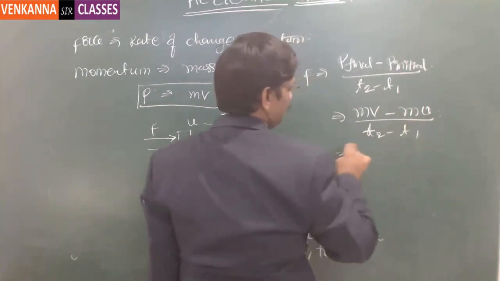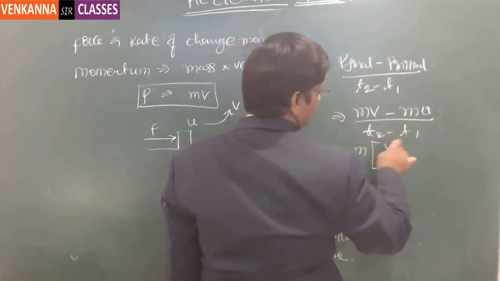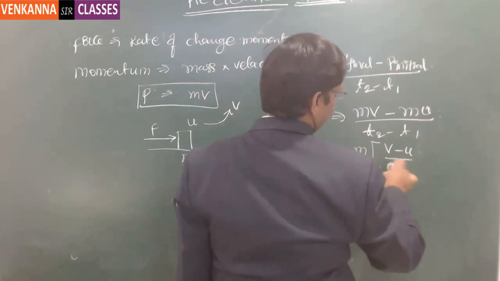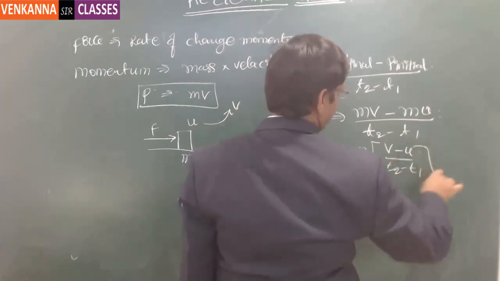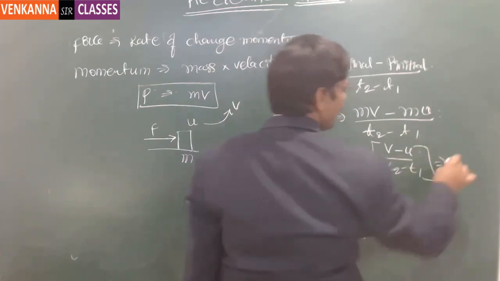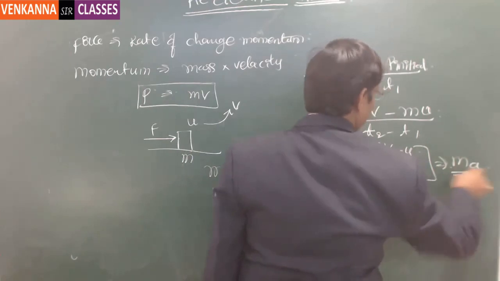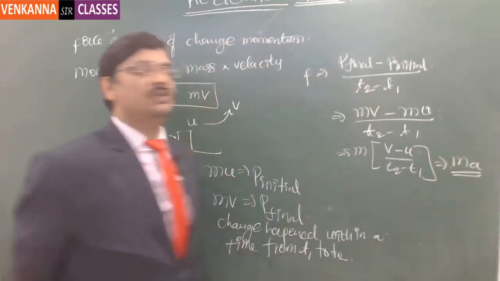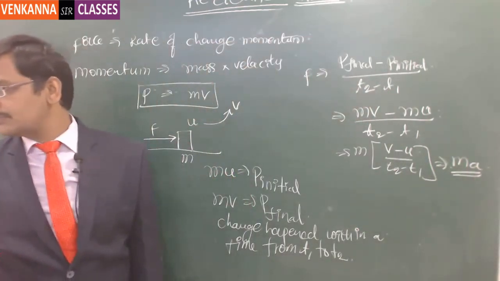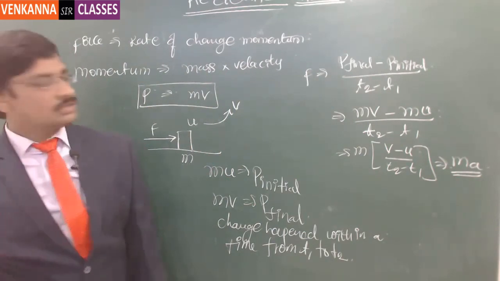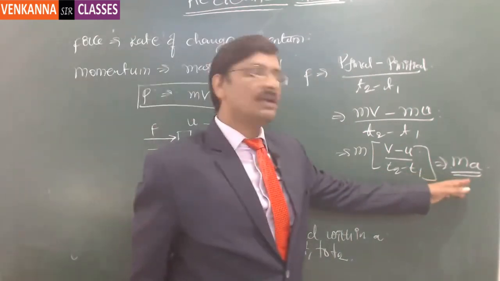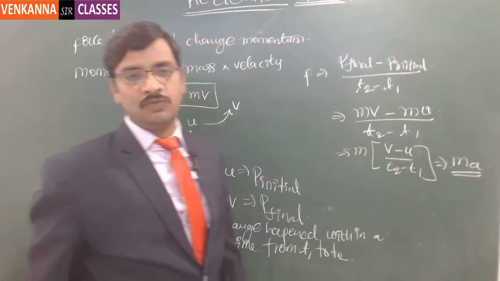So this is mass times the change in velocity over the change in time, and this is what we treat as acceleration, because the rate of change of velocity is acceleration. Hence, mass into acceleration will straight away give the force for us.